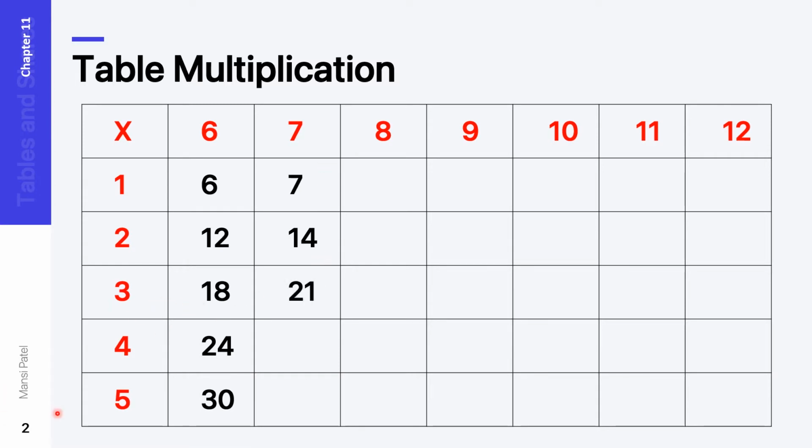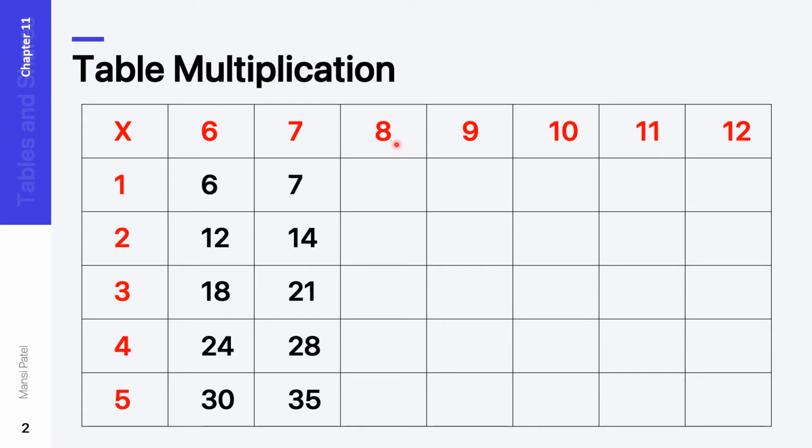So 7 3s are 21. That is the answer. Then 7 and 4. So 7 4s are 28. Now in the last box 5 is there and 7 is there. So 7 5s are 35. So this is known as table multiplication.